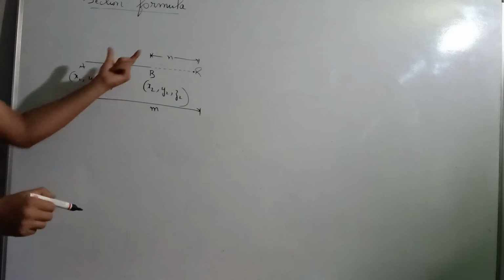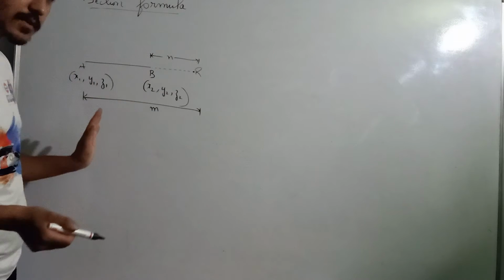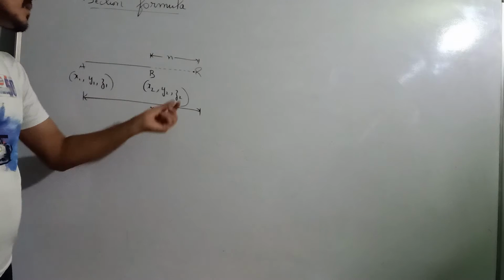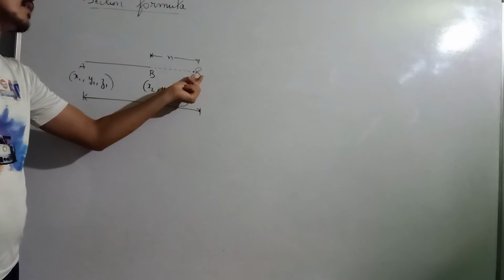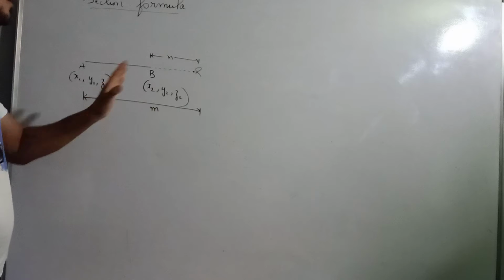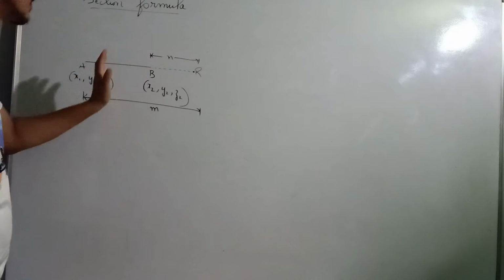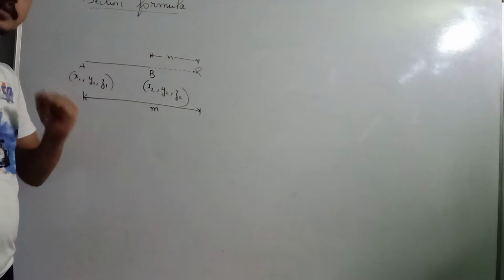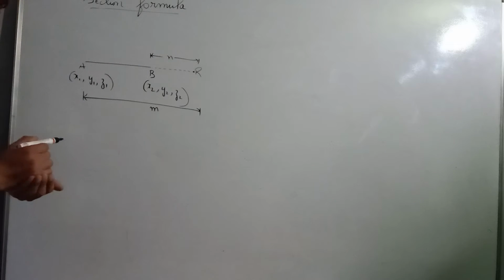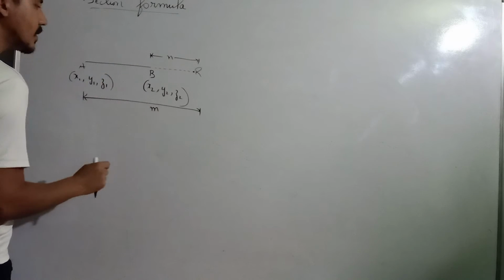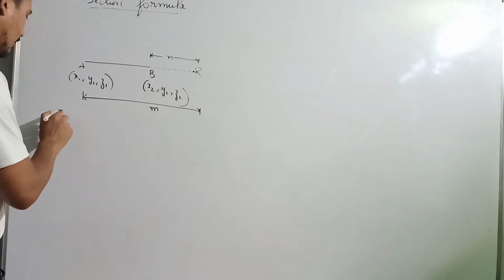Okay, here distances are not m and n, the ratio is m is to n, alright? So in this case, R divides the line joining A and B externally in the ratio m is to n.